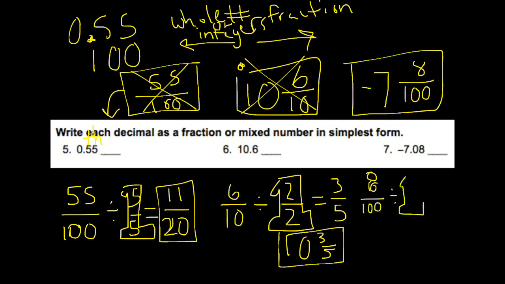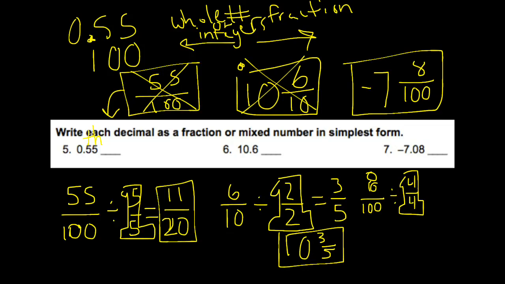Last one, 8 over 100. I can use a onesie, and I know that 2 can go into 8 and 2 can go into 100. So I could do that. If I can find the greatest common factor, or the number that's biggest that goes into both, I won't have to simplify more than once. So I think that 4 can go into 100, and I know that 4 can go into 8.